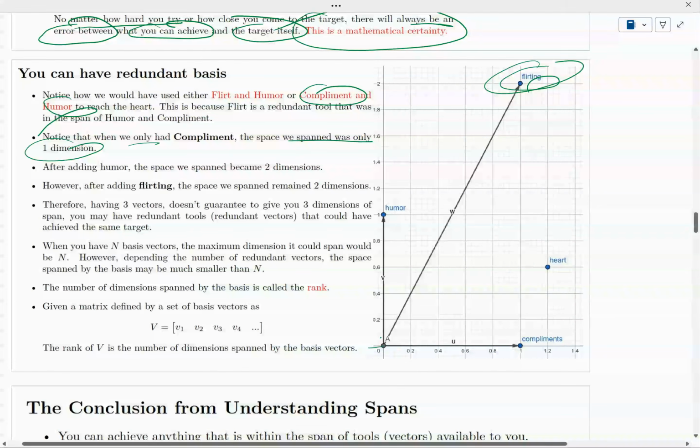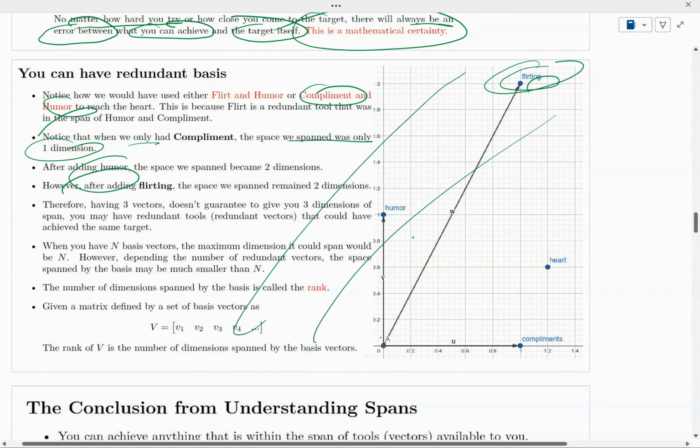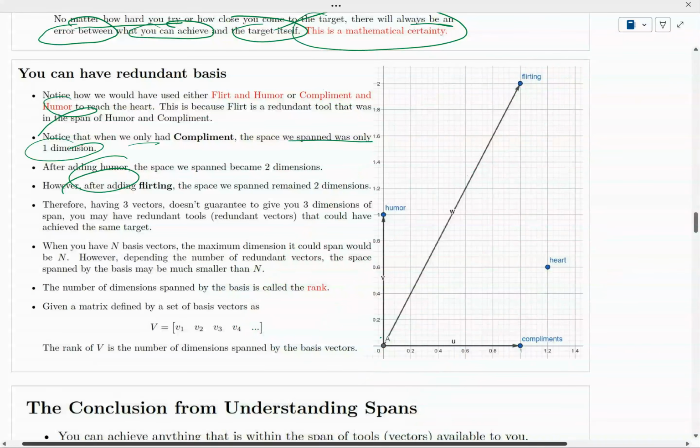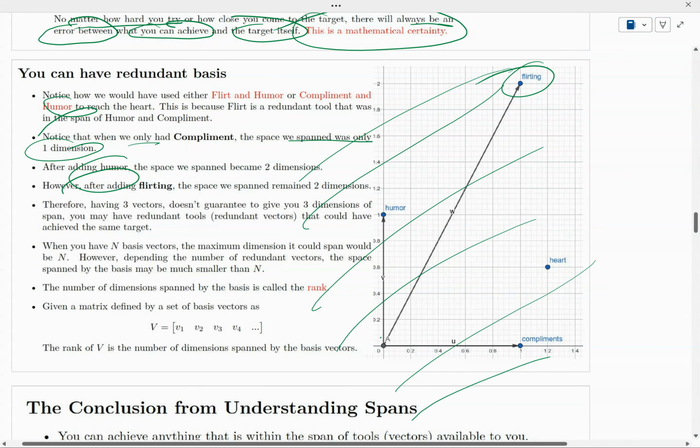So when we had compliments, this is the space we span, right? After adding humor, if we have compliments and humor, now the space is this entire 2D dimension. Therefore, when we add flirting, it doesn't really change anything. All the possibilities are still just the 2D dimension.